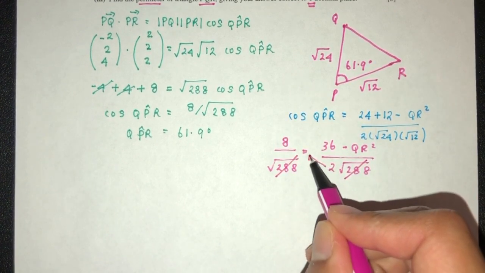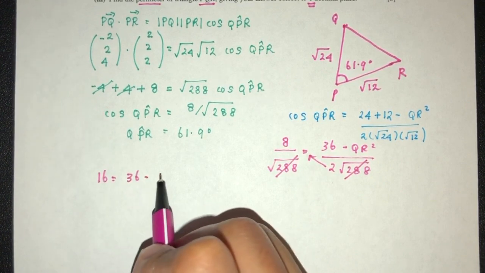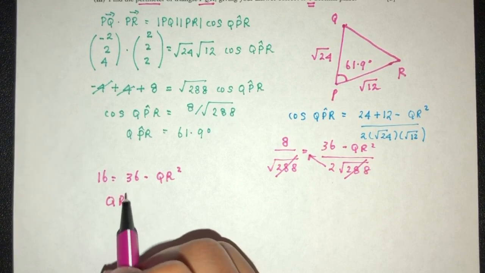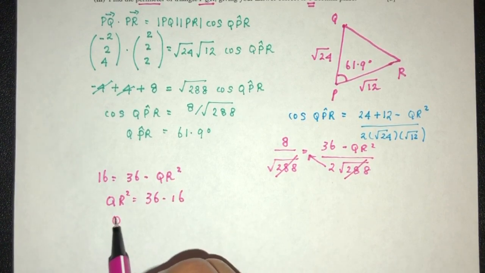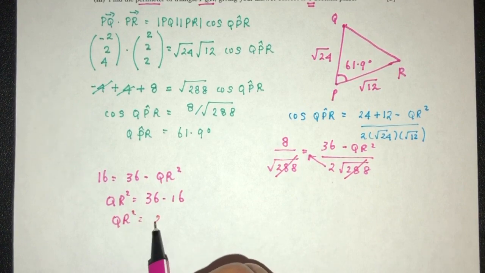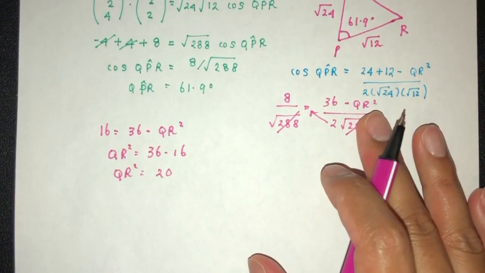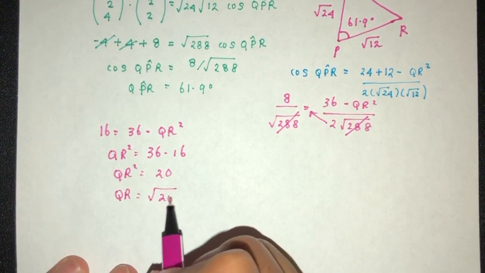Then we send this on top, you will have 16 equal to 36 minus QR square. So QR square is equal to 36 minus 16. So QR square is equal to 20. Let's double check. 20 indeed. Now finally QR is equal to root of 20.